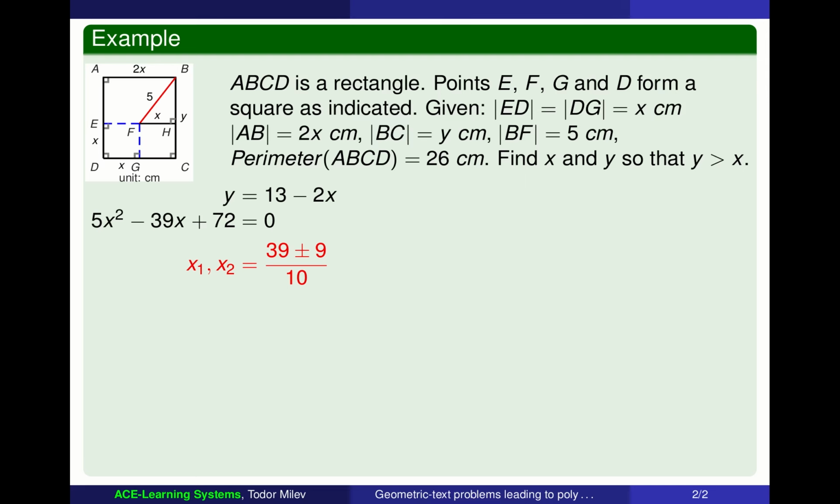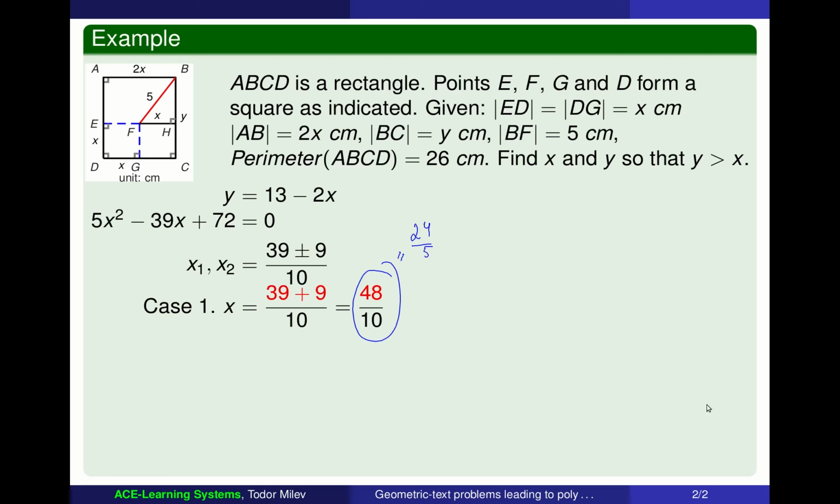So it seems that we're having two cases. The first case is that the original x is equal to 39 plus 9 over 10. That is, of course, 48 over 10. Now 48 over 10, I could simplify that as 24/5 if I so desired.